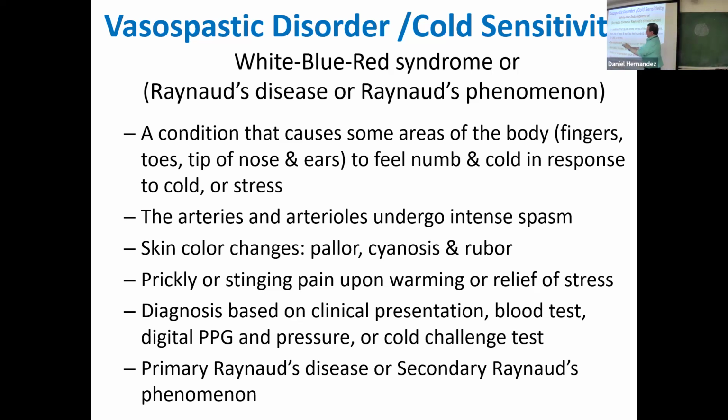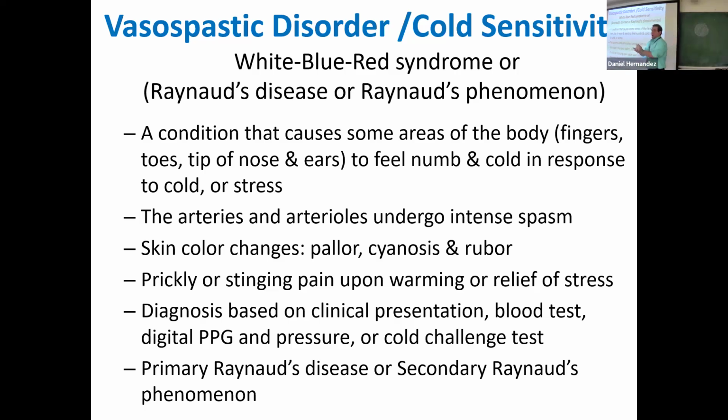And then on the other side of it, where those vessels have been constricted, blood flow is going to start to build up and it becomes very bright red. So that's the rubor. Rubor refers to redness. So that's why they get that white, blue, red syndrome.